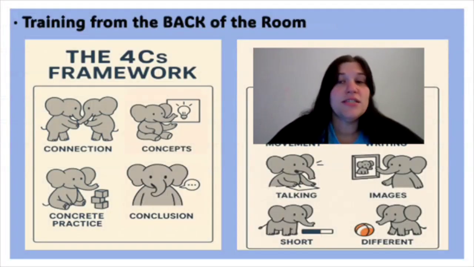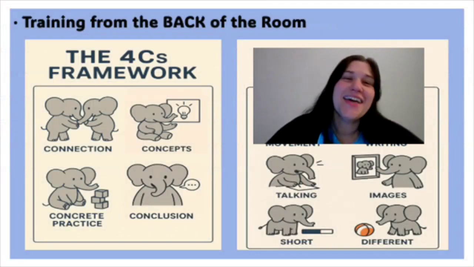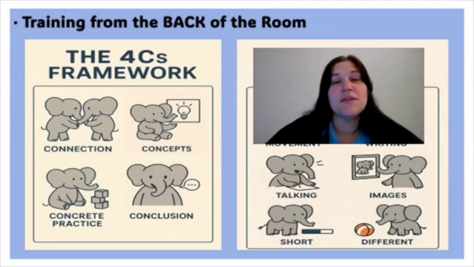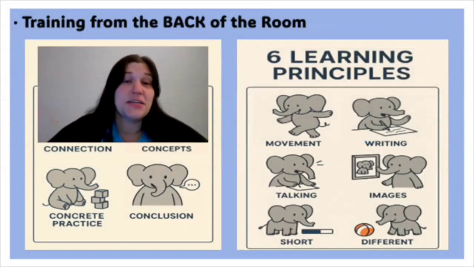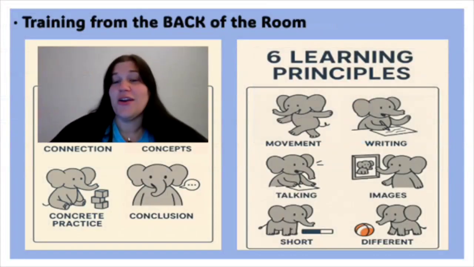And then conclusions, which is usually committing to a plan to move forward, wrapping up, celebrating, really simply put. And the other thing that is so important with TBR is our 6 learning principles. So they are demonstrated here by these lovely elephants very naturally.